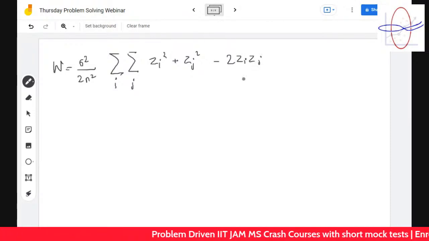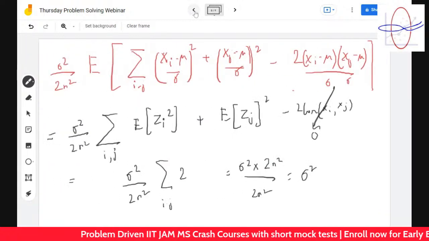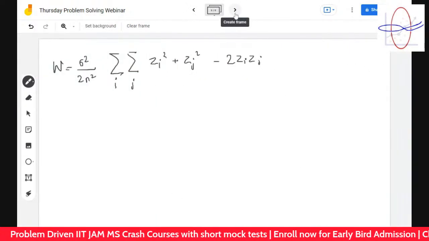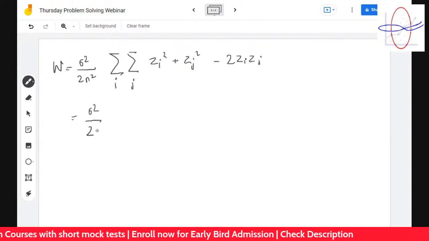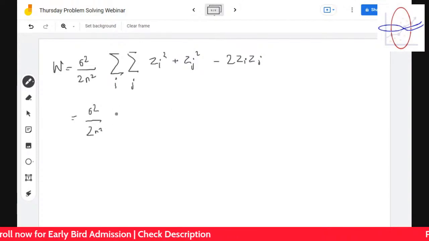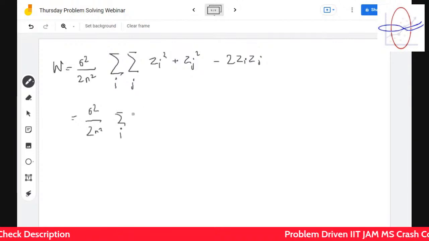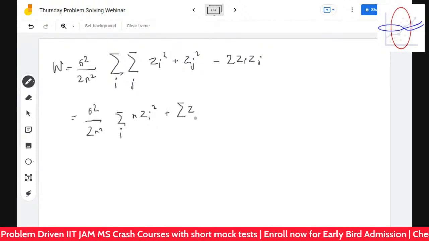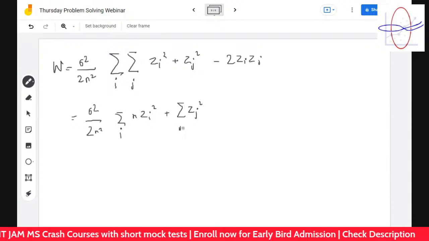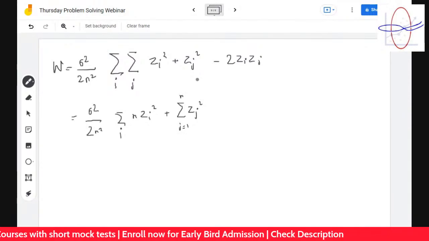This is what exactly we have. So let's check that. Sigma square by 2n square. If you just do the summation of this over j, we have n zi square plus summation of zj square, j from 1 to n. Let's keep it like that.